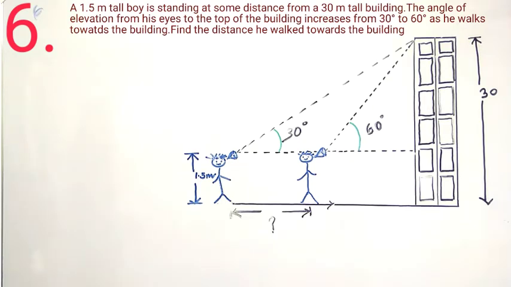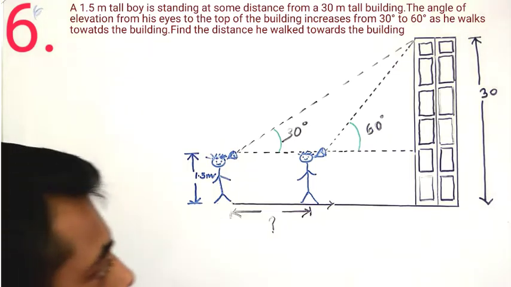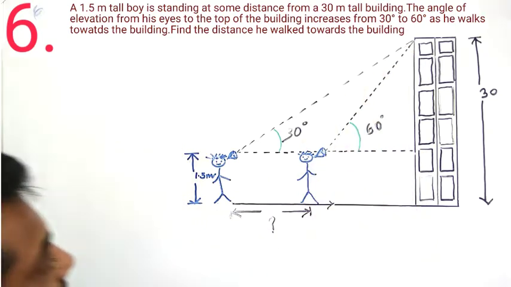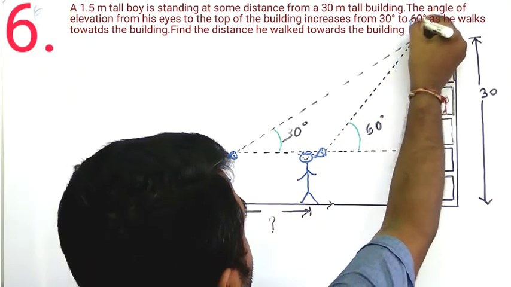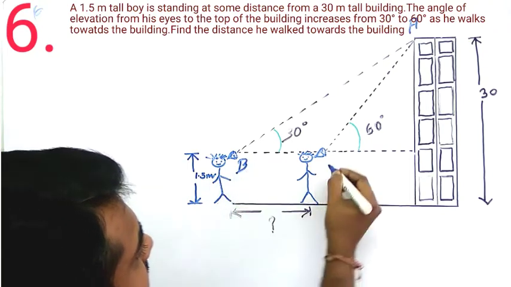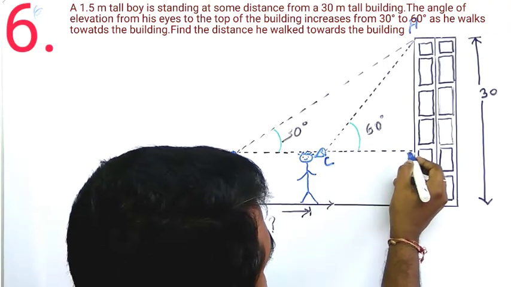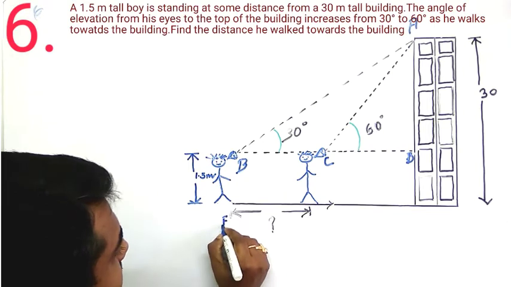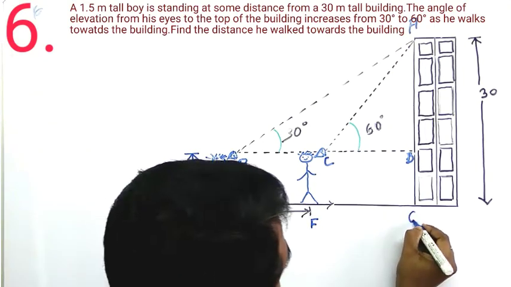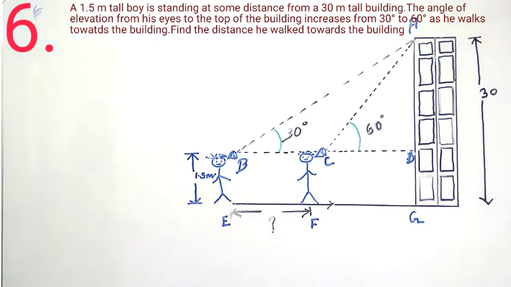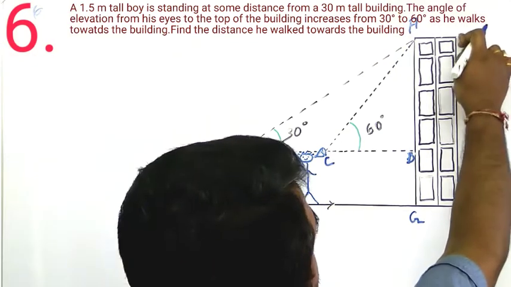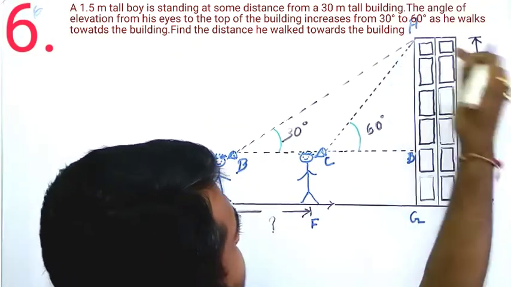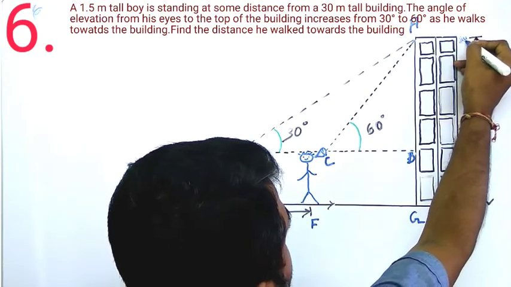As per the figure, we have two triangles. One is A, B, C, D, and right here E, F, G. So what is the height from this point to this point, AD?